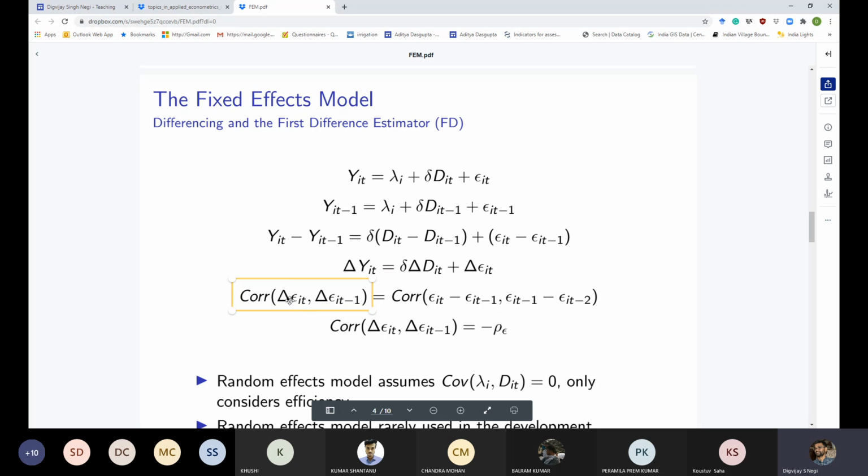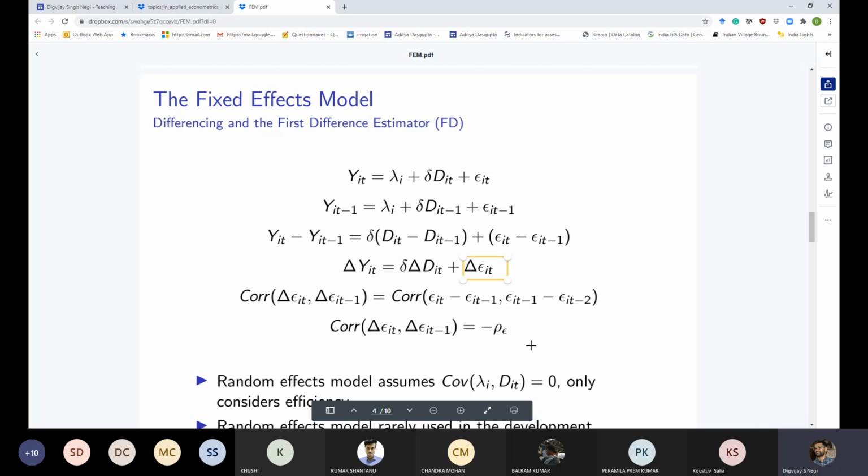You write the correlation of epsilon it and epsilon it minus 1, expand it, and do your algebra. What you would see is a negative rho, so there would be an inverse correlation between the error terms in this difference equation.